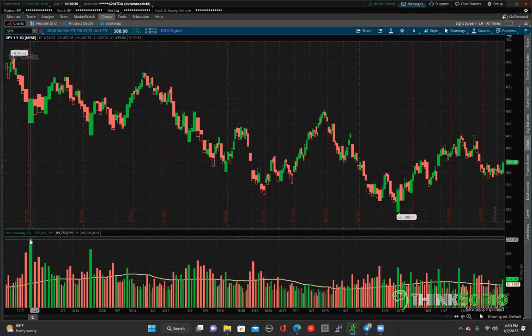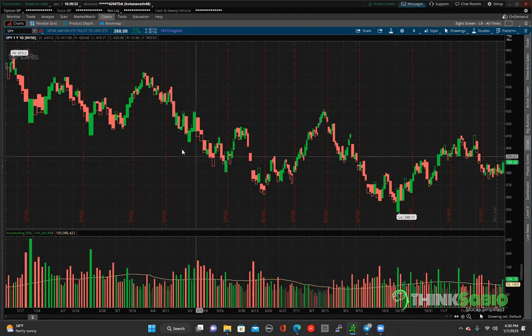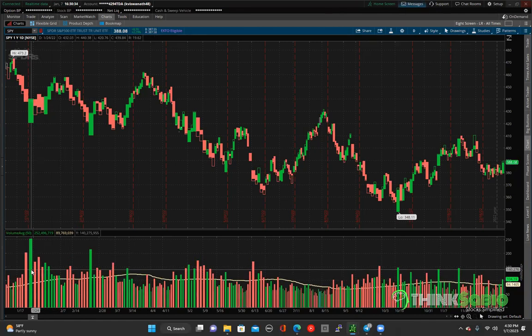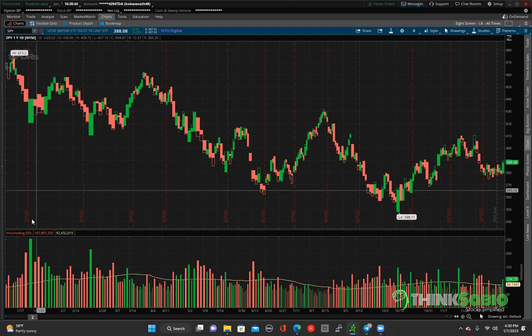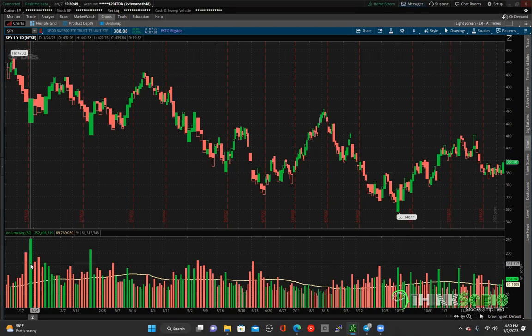So you see here, instead of having a chart and then the volume, the volume is nothing but the number of people. If we are 100 people in a room and 50 people have traded SPY, then the volume will show 50 people, right?